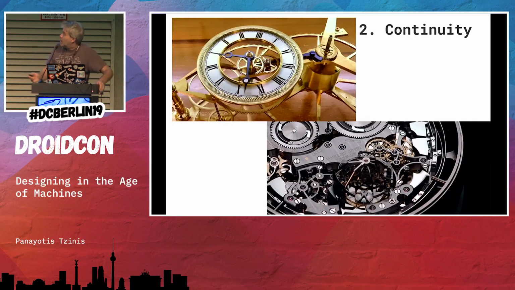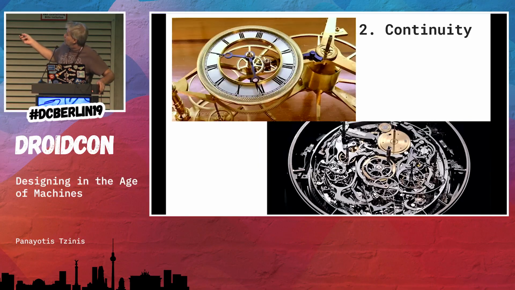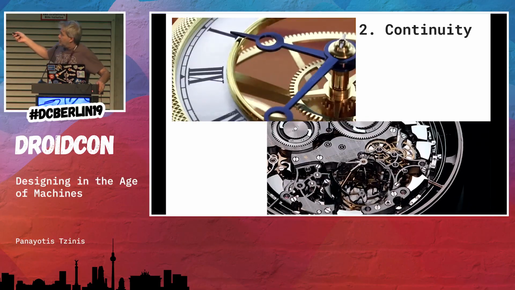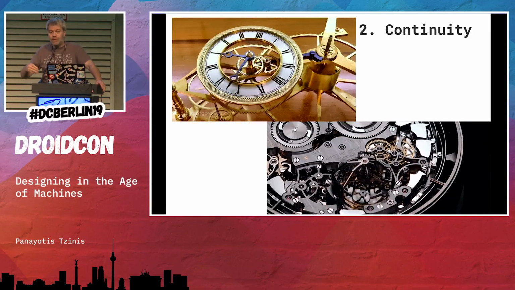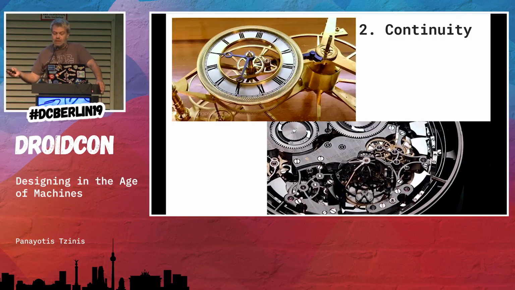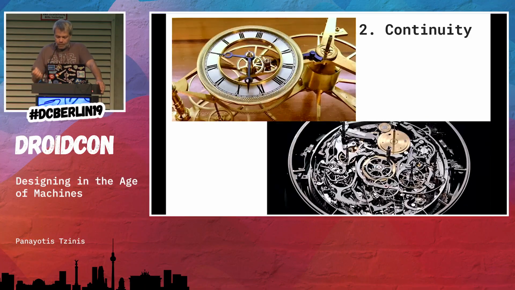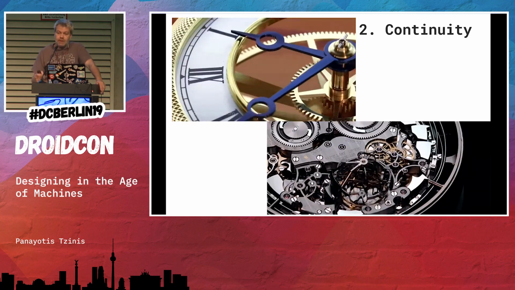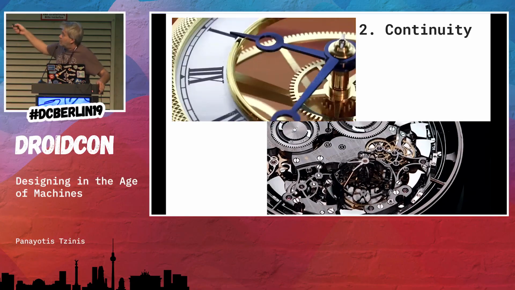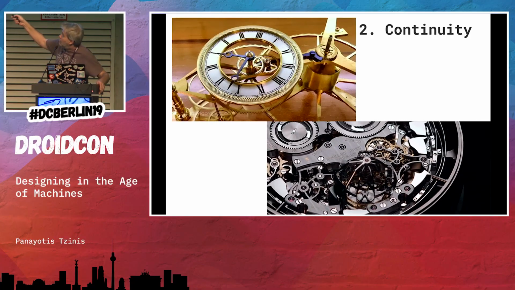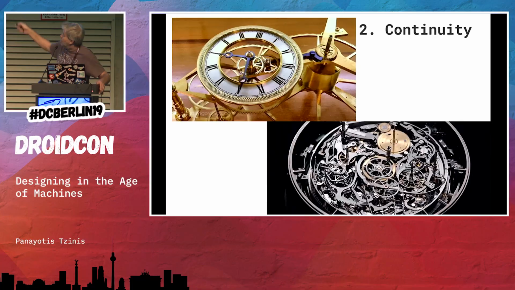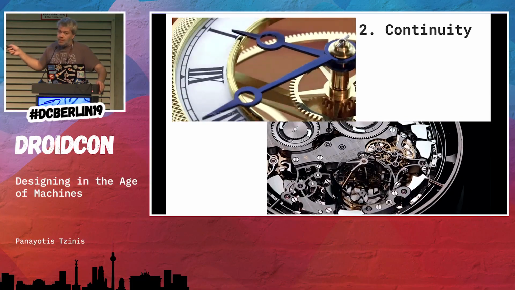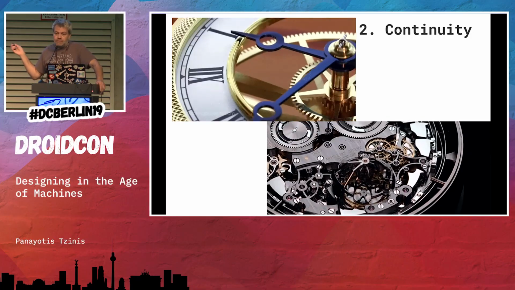Continuity. Again, if I show you that picture and that picture, it's clear that that picture is a clock. This picture is a mechanism. It could be a clock, but we cannot assume that it's a clock. So by training the machine with the most used mechanisms, the machine started to understand that from those mechanisms here colliding with those mechanisms over here, this one was 98% a clock.